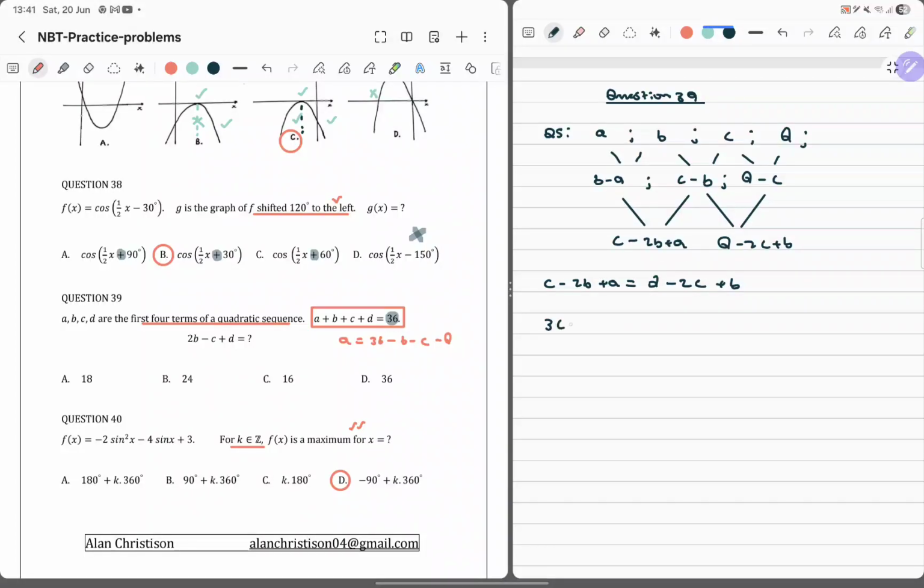so we get 3c minus 3b plus a minus d equal to 0, or maybe let's just say plus a equal to d.